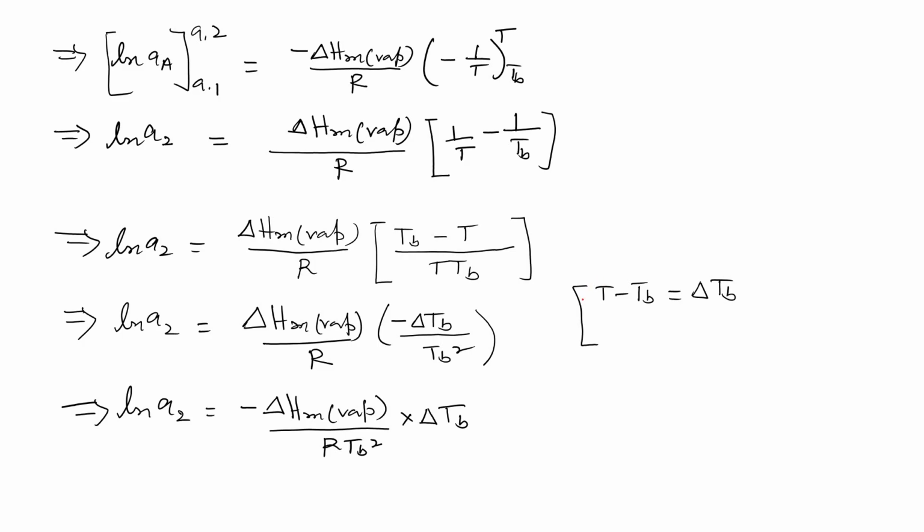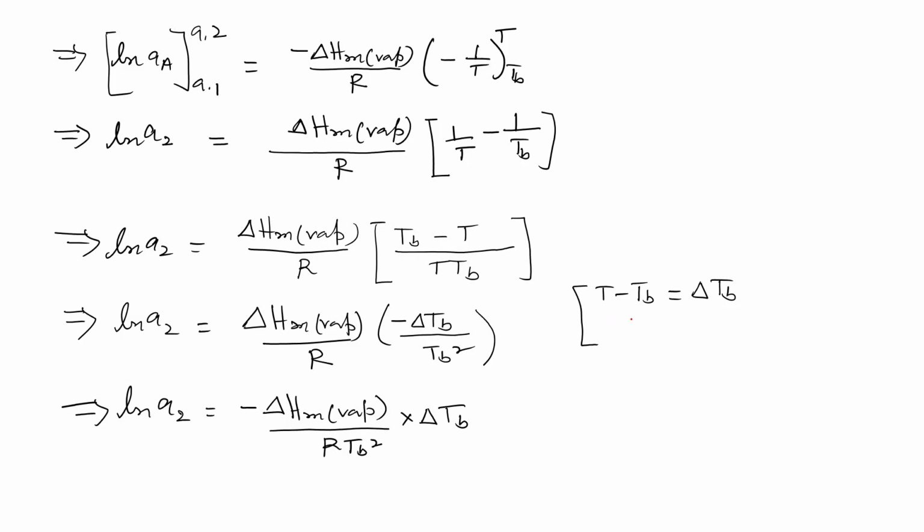Tb minus T. T is the boiling point of the solution, which is greater than the boiling point of the pure solvent. Tb is the boiling point of the solvent. So T minus Tb is the elevation of boiling point. Here it is Tb minus T, so it is minus delta Tb, and it is T into Tb.